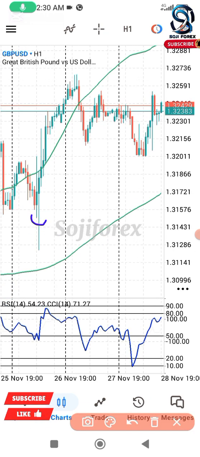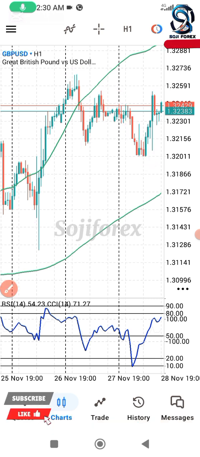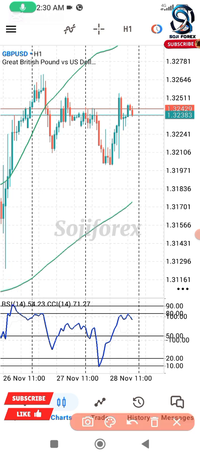We are having a lower high, higher low, higher high, higher low. But now price failed to create a new higher high, and now we have a new lower low. So obviously we are having a change of trend direction, which is now our lower high, our lower low, our lower high, and then a new lower low here.